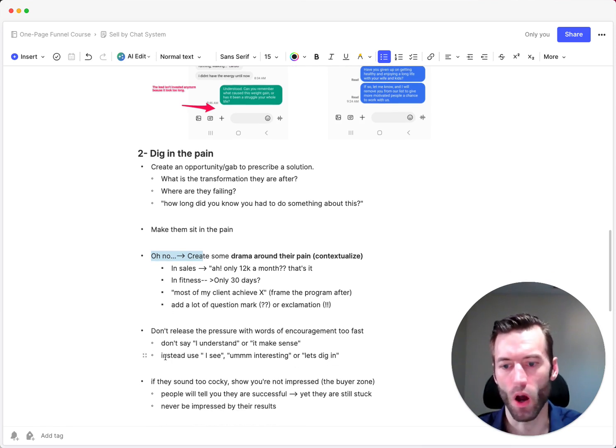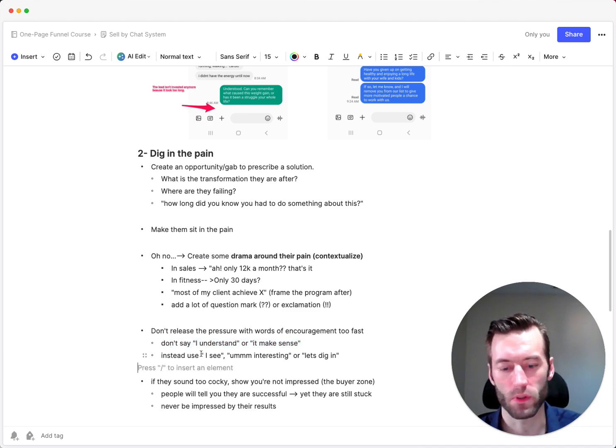And you also never want to release the pressure with words of encouragement, right? So if they tell you they need to lose 50 pounds, do not tell them, oh, it's okay, we'll get it. Never make the situation seem like it's not a big problem. Never release the pressure. Instead of saying words like I understand or it makes sense, always use I see or interesting or let's dig in, right?